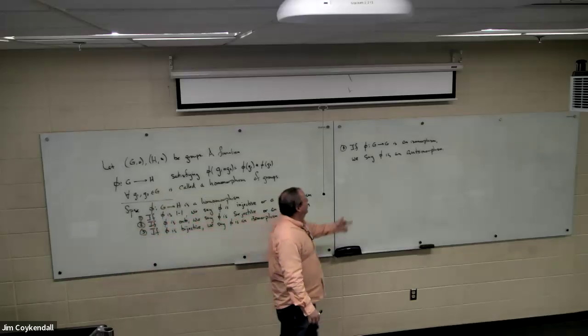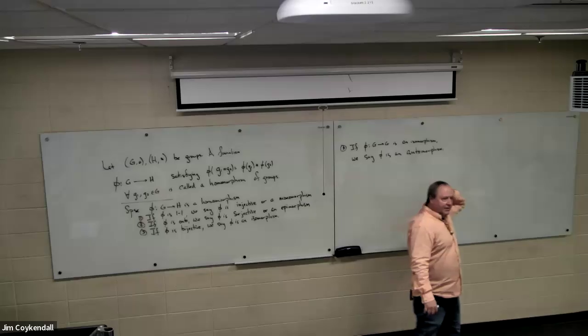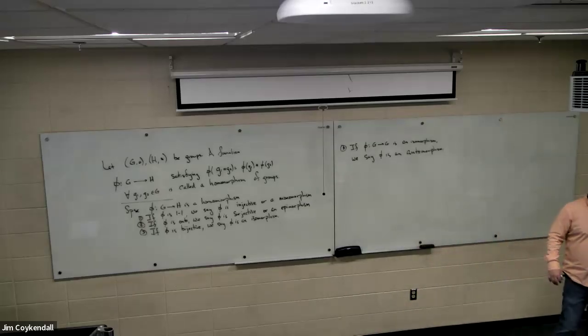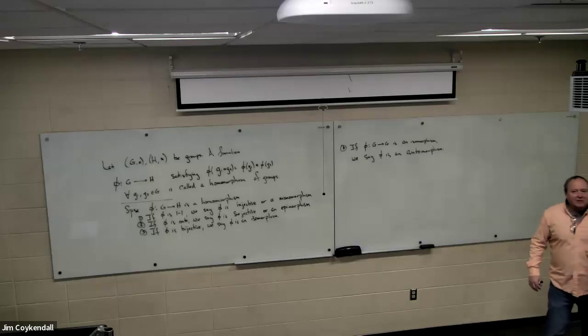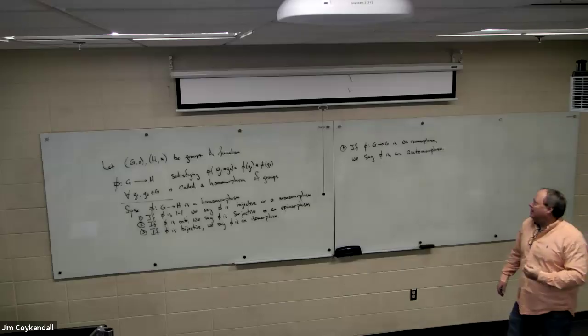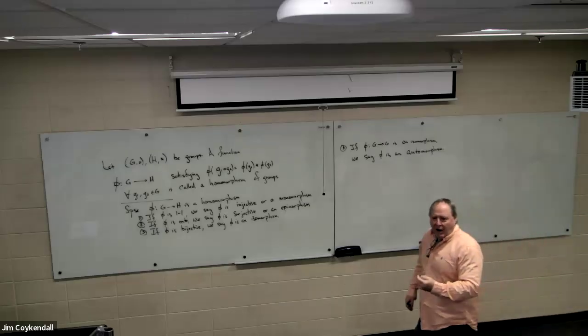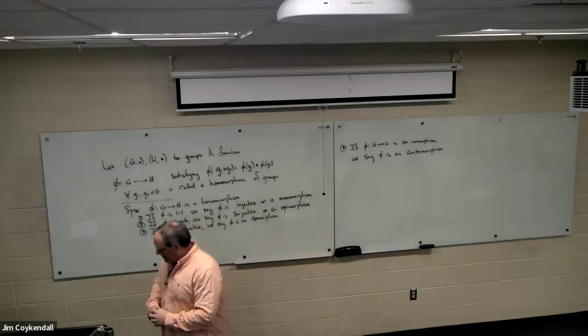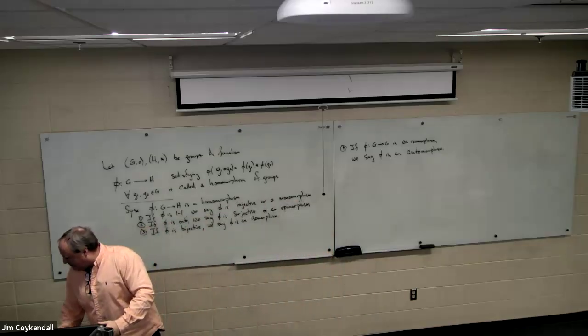Can anybody give me an example of an automorphism from G to G? Notice the clue here is I didn't even tell you what G is. There's kind of a blanket automorphism from G to G that always works. Can you identify it? Identity.